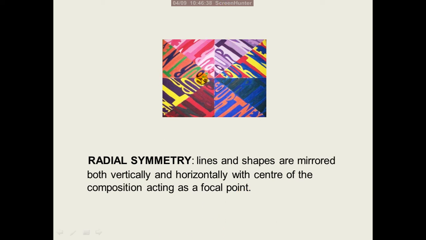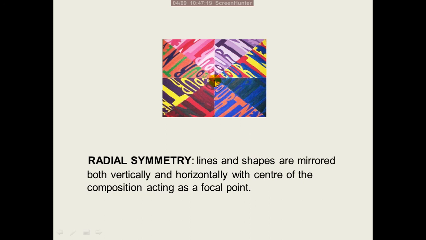Here, this is a horizontal line and this is a vertical line. So you can divide this horizontally and vertically, with the center of the composition acting as a focal point.